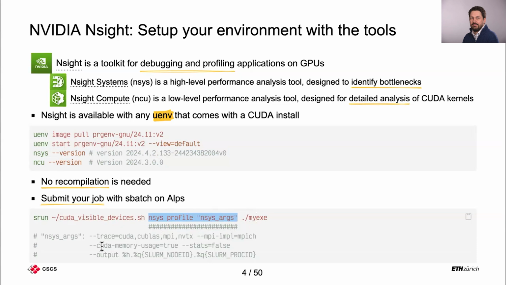on Alps. If we look at the list of arguments, you can trace different parts. You can trace CUDA, you can trace cuBLAS, you can trace MPI, and even more. If that doesn't work, then there is maybe a problem on the CSCS side, but that should work.